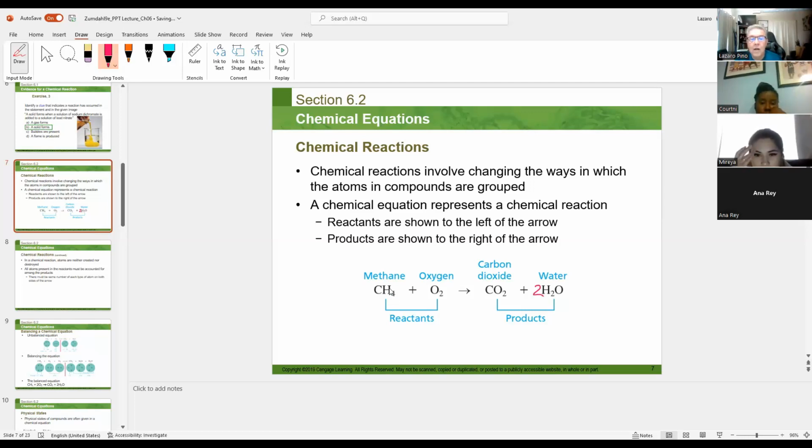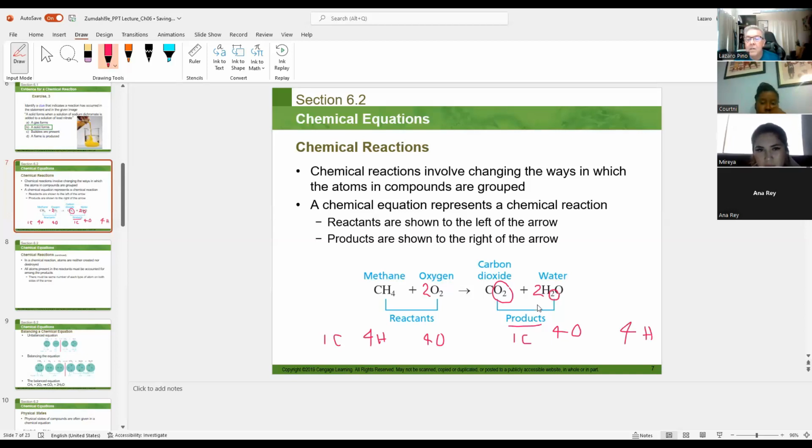Now, 4 hydrogen, 4 hydrogen, 1 carbon, 1 carbon. Let's see. Here I also have 2 oxygen. Then we have 4 oxygen in the products. What to do in order to get also 4 oxygen? Well, I put a 2 in front of oxygen: 4 oxygen, 1 carbon, 1 carbon, and 4 hydrogen.